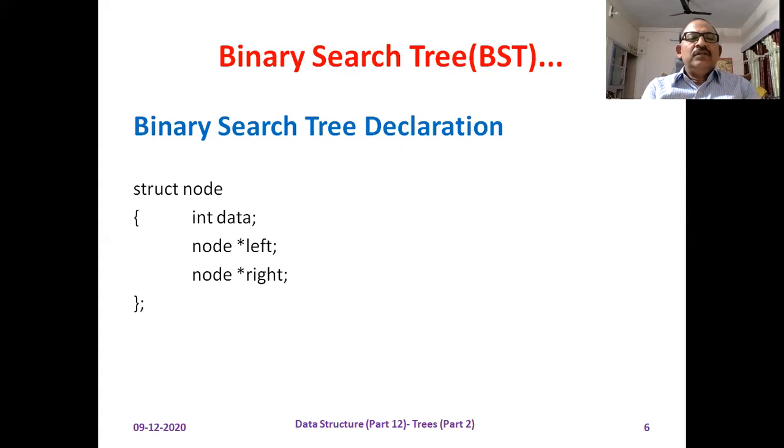Here you can see on the slide struct node, followed by the left brace. Int data is the information. And node star left is a left pointer, and node star right is a right pointer, meaning a pointer to the right child, followed by the right brace and followed by the semicolon. So this way we will define a node of a binary search tree in C language.